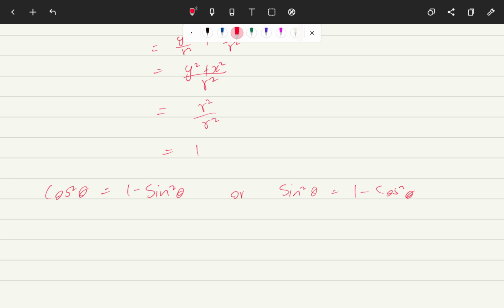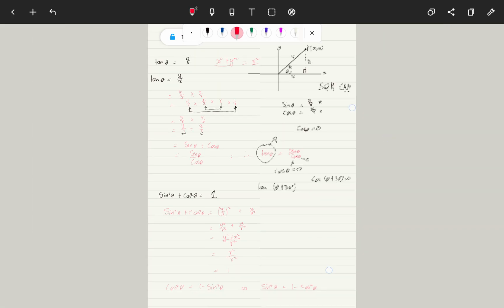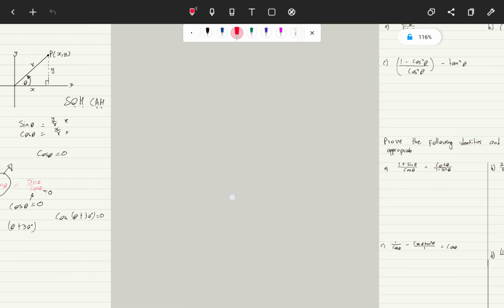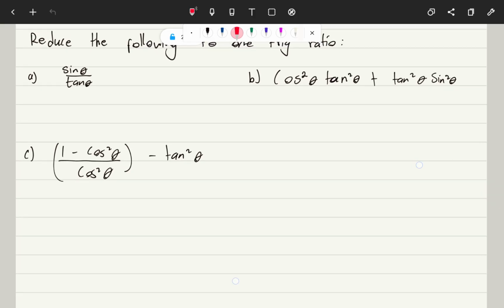In most problems you may not even have to do that, but with more practice we'll see. So we're done with proving our identities. These are just the two identities that I have, and on the next page we start solving problems.